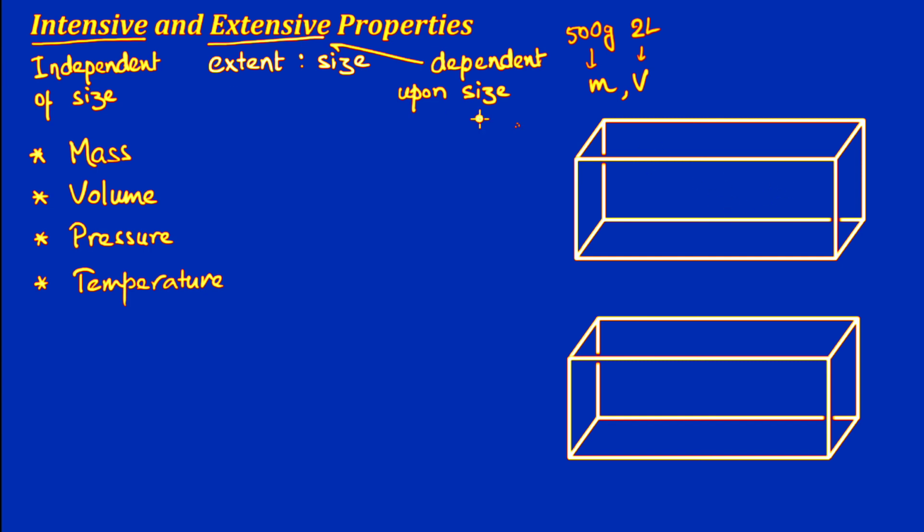Similarly, let's assume that the sample is exerting pressure on each side of this container. Let it be P, for example. So the sample material is applying pressure on each side of the wall. Let this pressure be 3 atmospheric pressure.